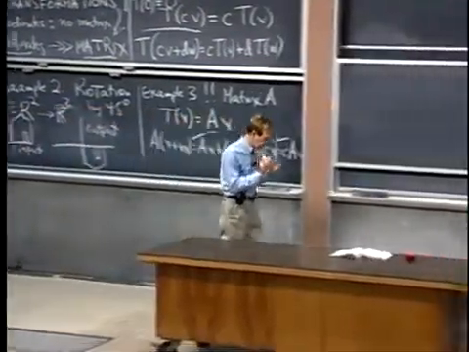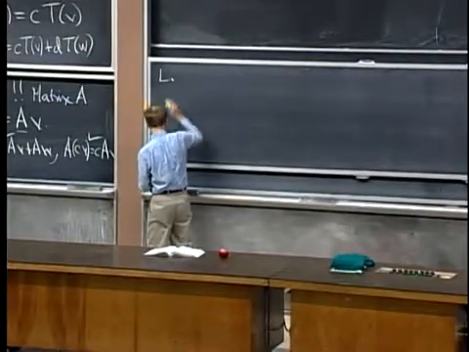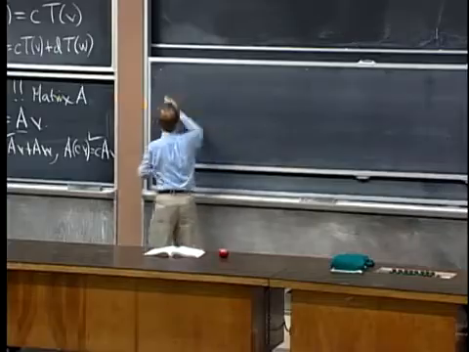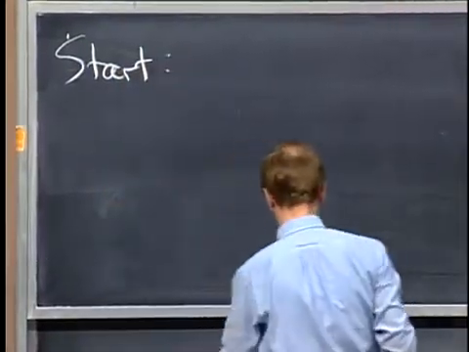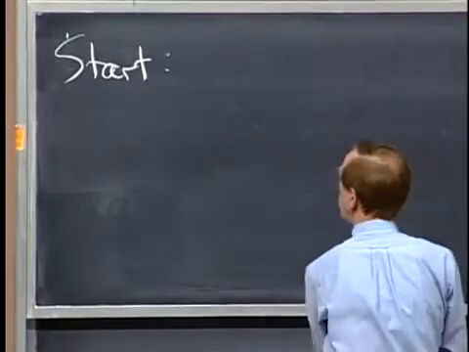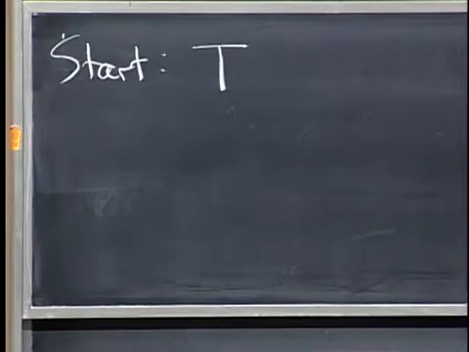So let me point out what's the story. Suppose we have a linear transformation. From now on, let T stand for linear transformations. I won't be interested in the nonlinear ones.